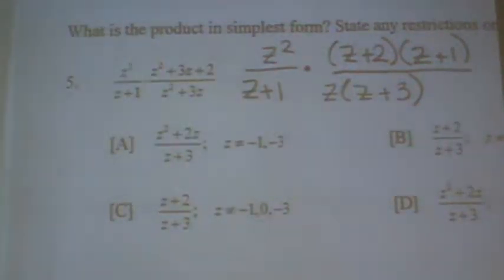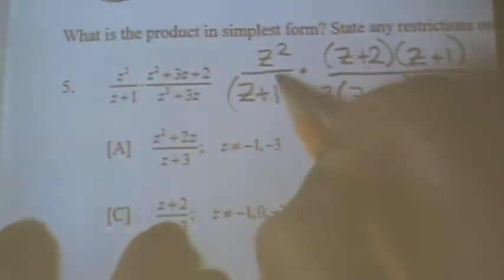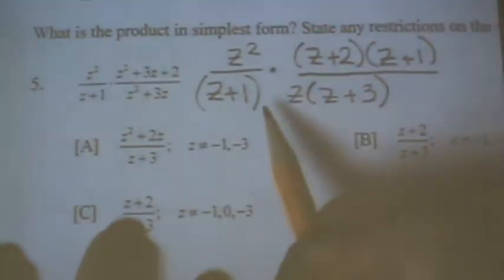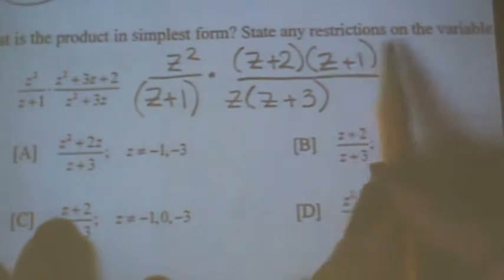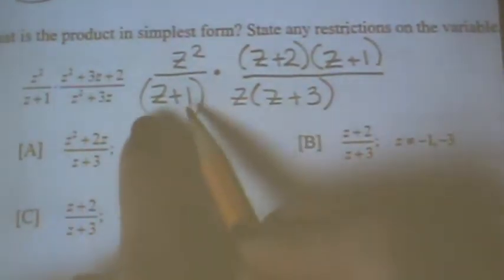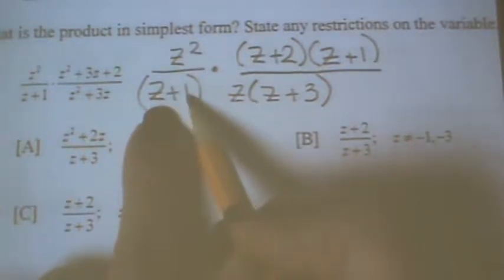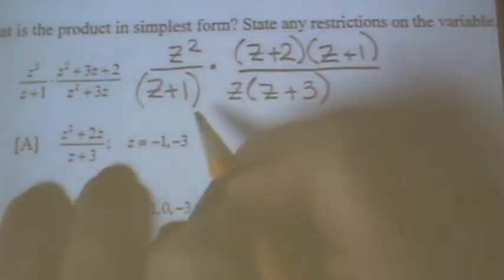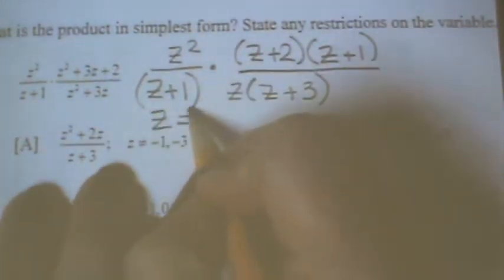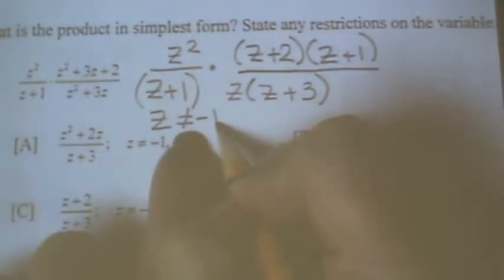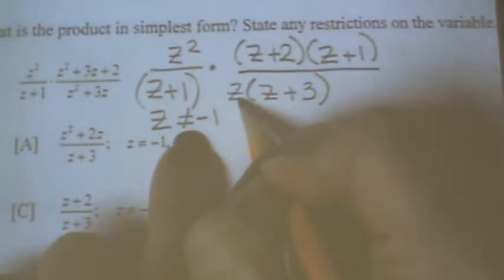So we are going to state all of our restrictions first. For every variable in the denominator, you're going to have a restriction. If you set z plus 1 equal to 0, we know that z cannot equal negative 1. Z cannot be 0.